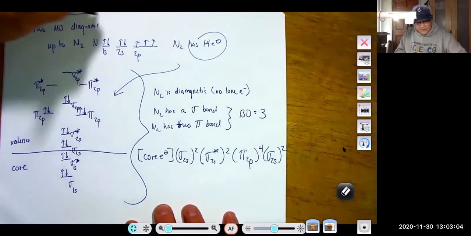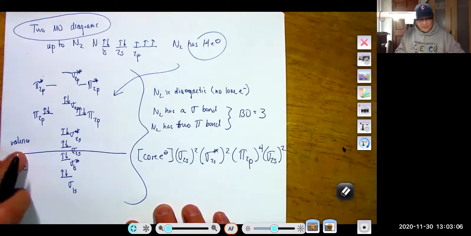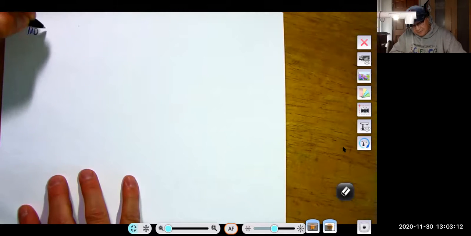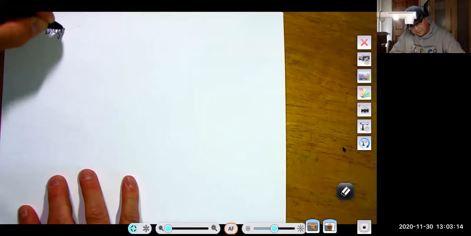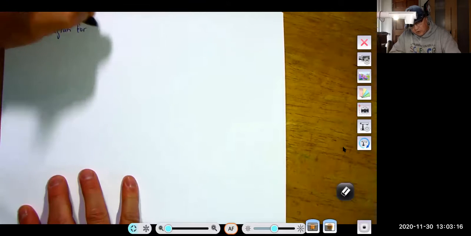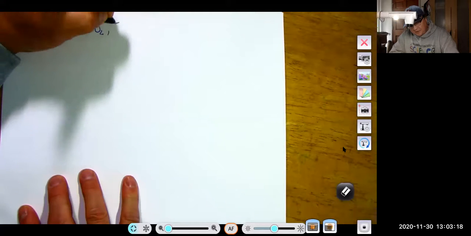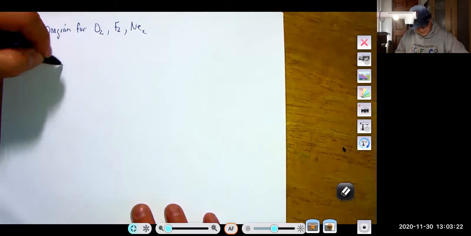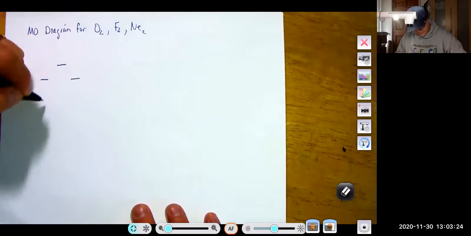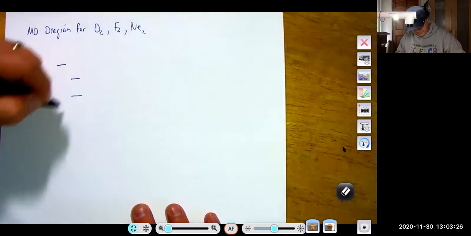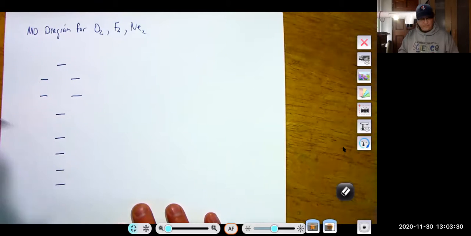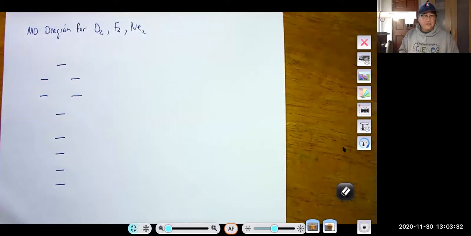Okay, now I said you would need to know 2 MO diagrams. Let me show you the other one. This is the MO diagram for O2, F2, and Ne2.